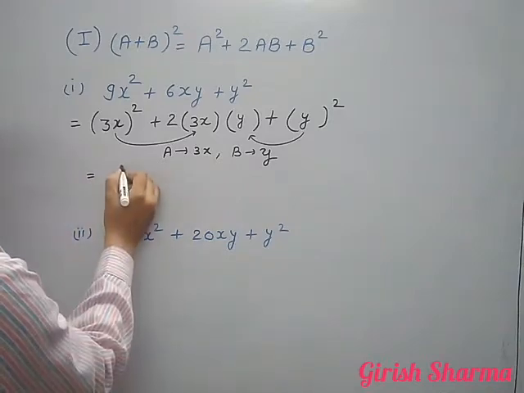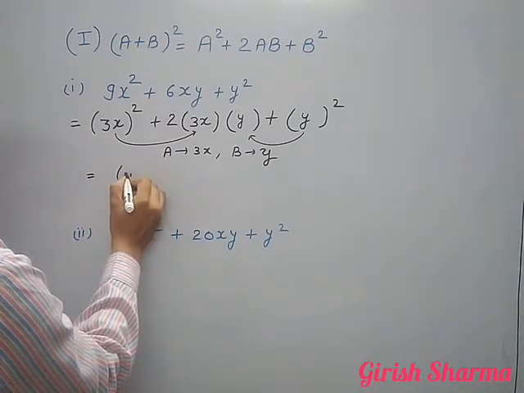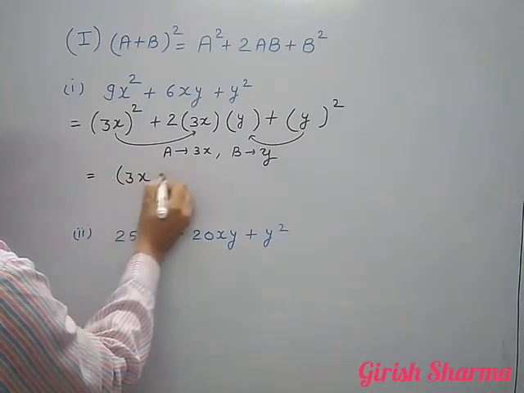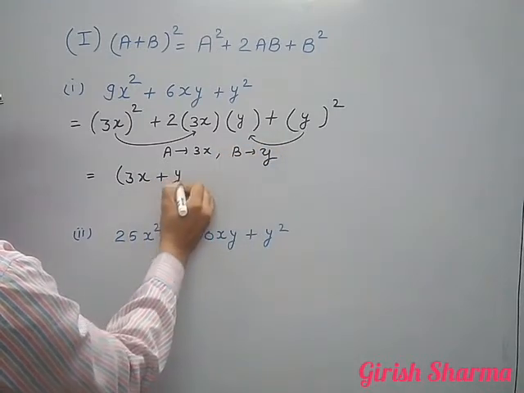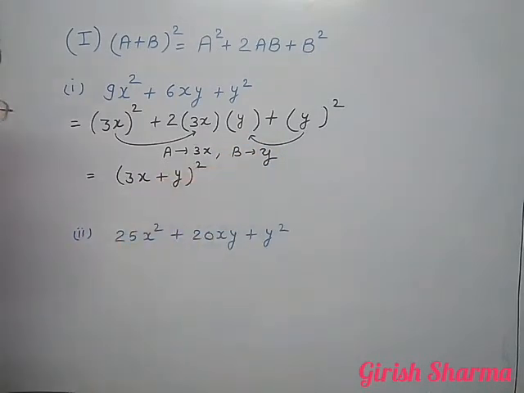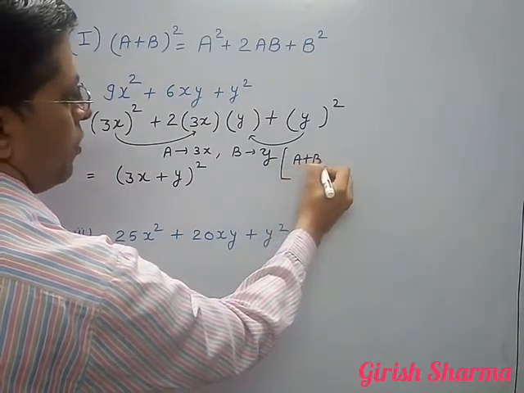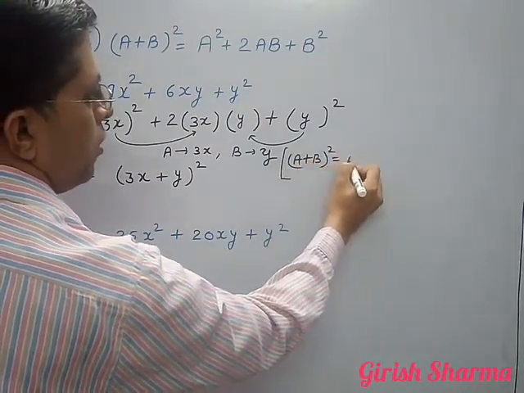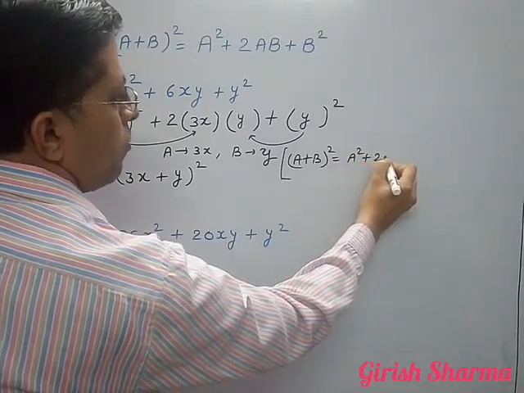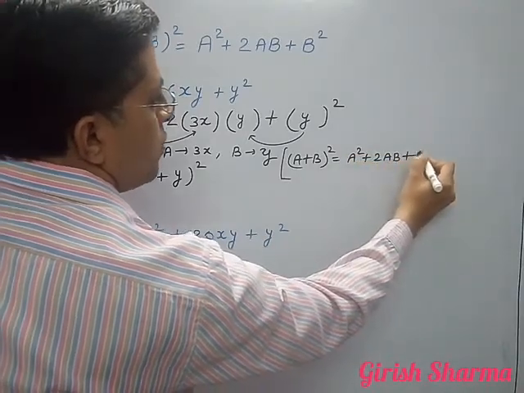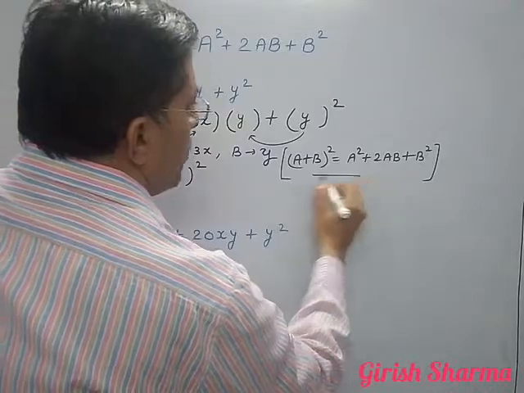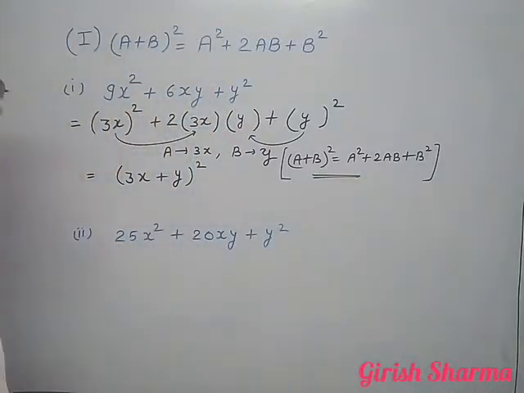So what will be its answer? 3x plus y whole square, with the help of the identity (a plus b) whole square is equal to a square plus 2ab plus b square.